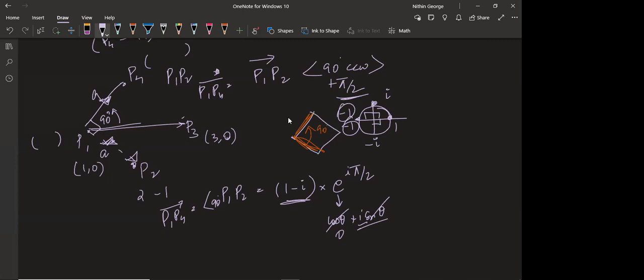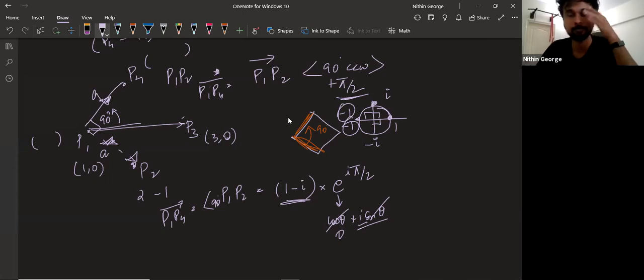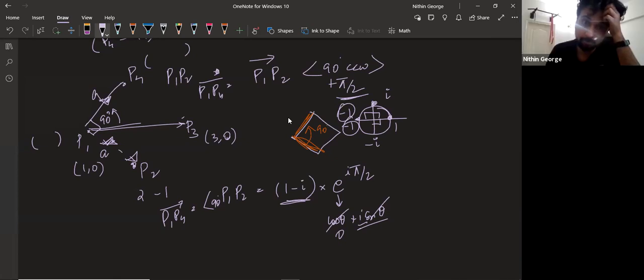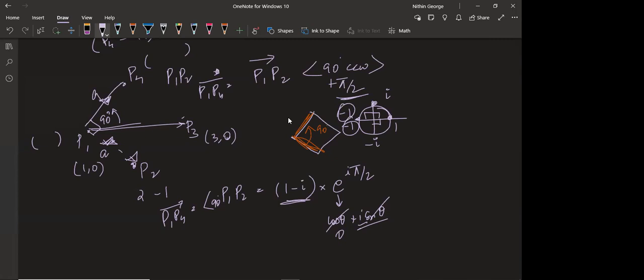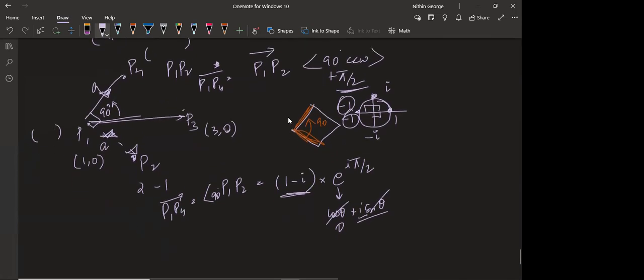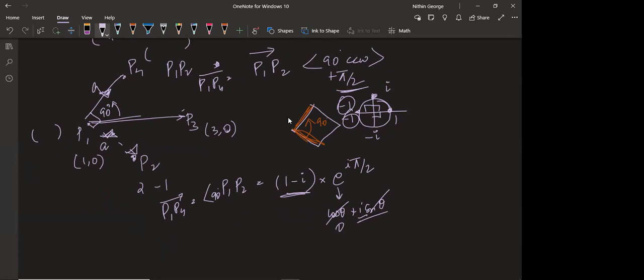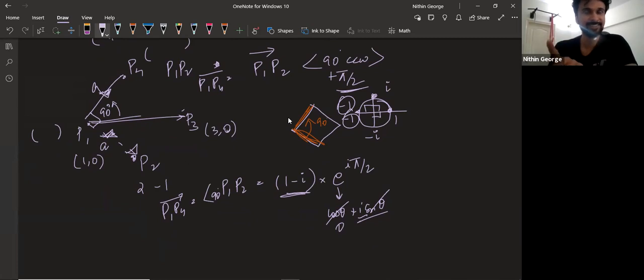Yes, sir. So now, sir, why are we keeping that as 1 minus i? Sir, we can keep that as root 2, no, sir. P1, P2 is a vector. Oh, not okay, magnitude. The magnitude is root 2. What you said was partially correct.